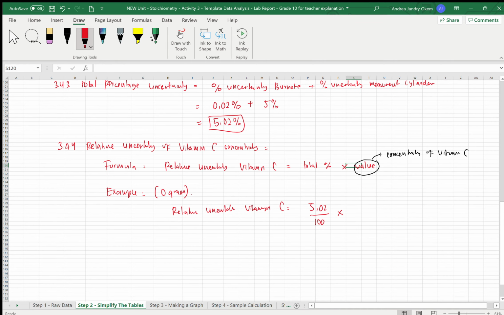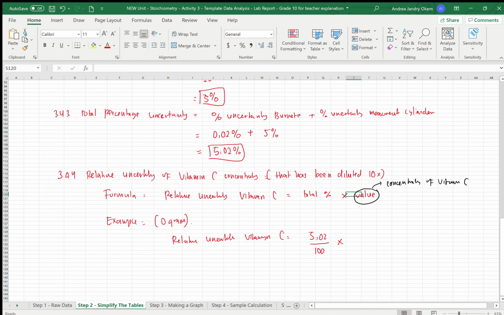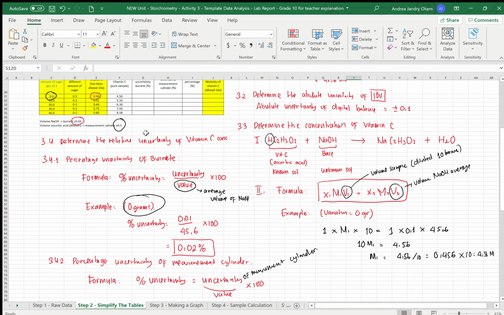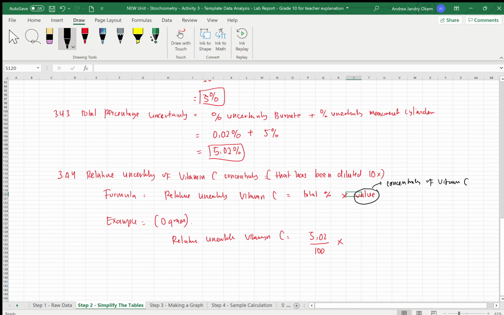So the relative uncertainty of vitamin C concentration has been diluted 10 times. Wait a minute, it is 0.46. So we can write it down, 0.46.